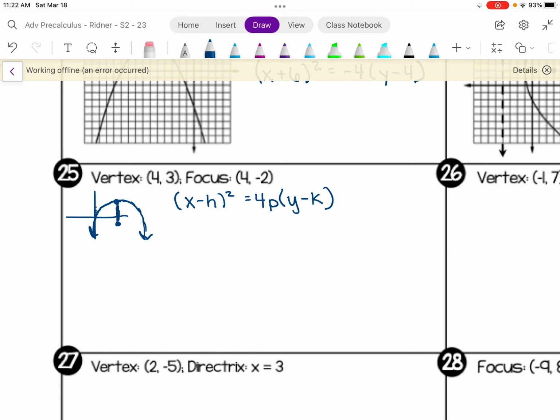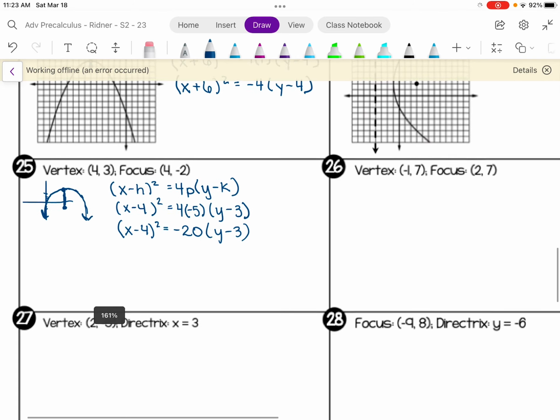Well, this one was 3 up, that one was 2 down, so that made a distance of 5 in a negative direction. Use my vertex there, so x matches x, and then y, and then clean it up. 4 times -5 is -20, and then y minus 3.